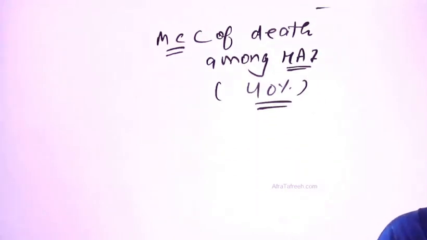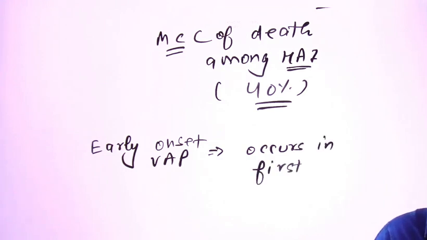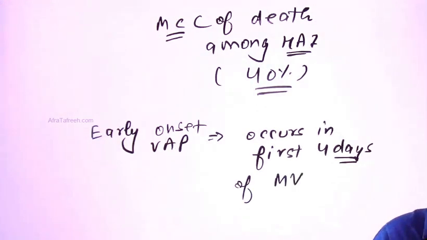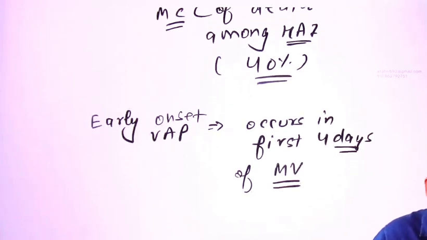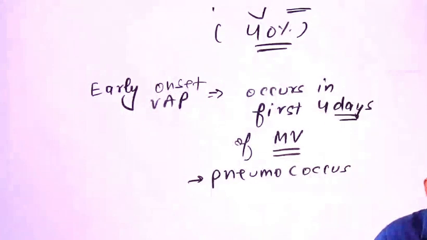Now here comes one termed as early onset VAP and one termed as late onset VAP. Early onset VAP occurs in the first 4 days of mechanical ventilation and is typically caused by the community organisms, like pneumococcus, because that is the most common cause of community acquired pneumonia, that is the CAP.